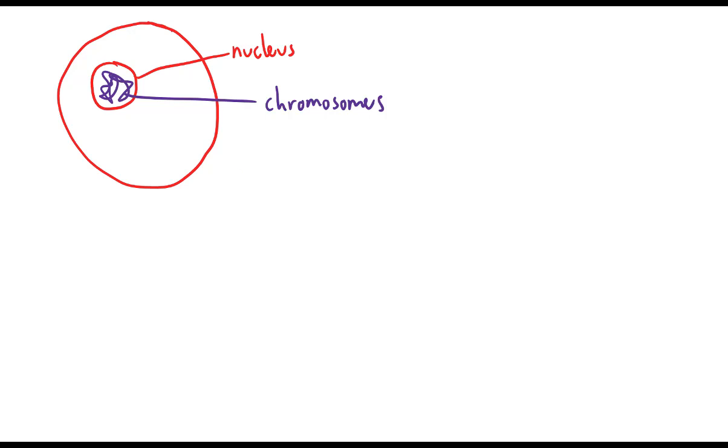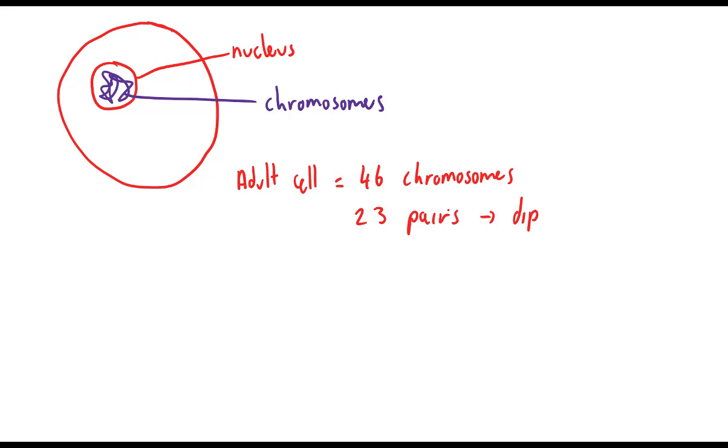We said that in each adult cell, there are 46 chromosomes, or 23 pairs of chromosomes. So we said that those cells were diploid.